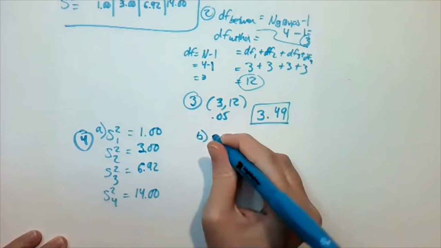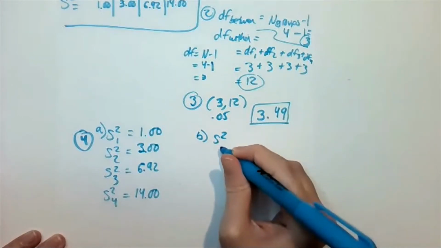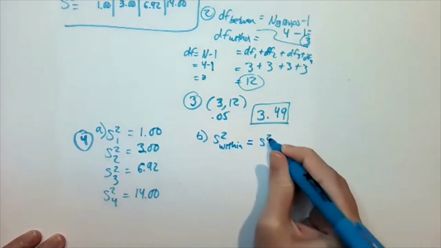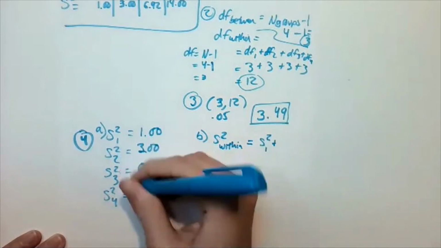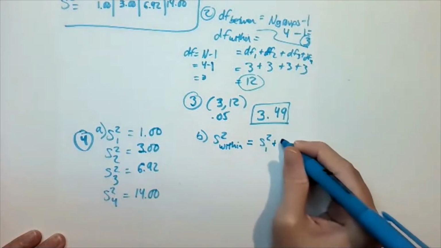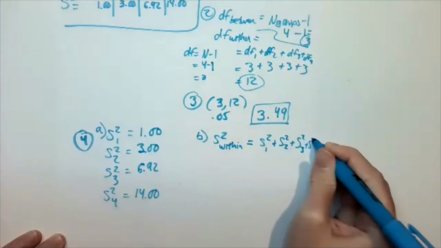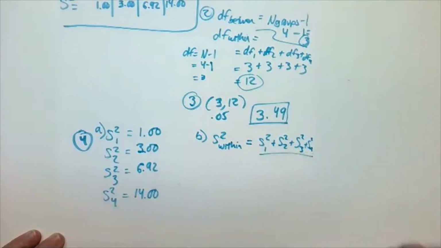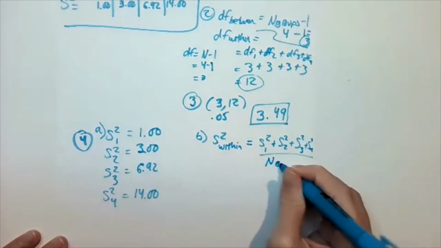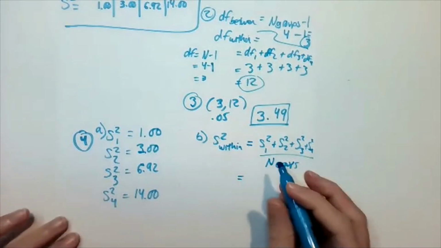My second step here, and this is to get this within groups estimate of the population variance. So this is the S squared, then this is S squared 1. So then we're going to basically just essentially get an average of these estimated population variances. And so I'm going to add up as many as I have. I have 4 in this case. Squeeze that in here as I get to the edge of the sheet of paper. And this is going to be all over N groups, so the number of groups that I have.